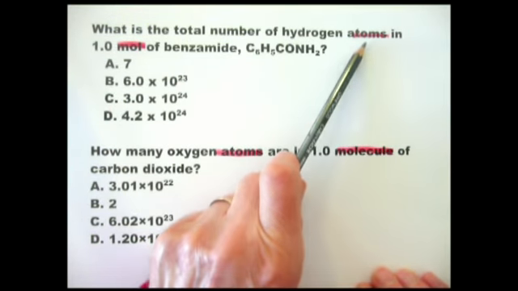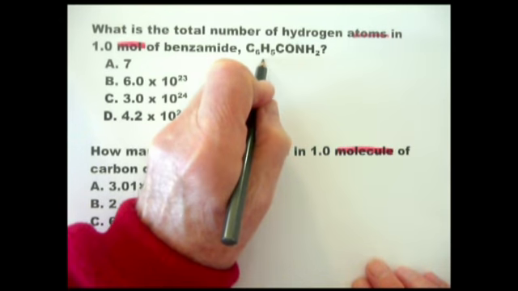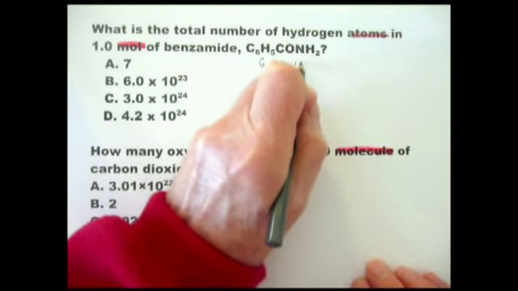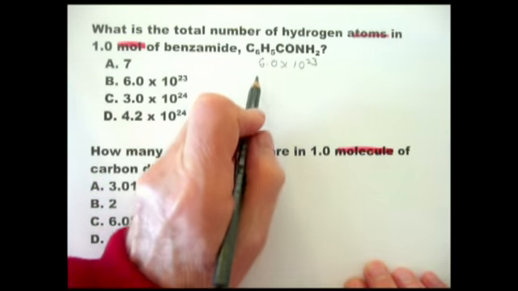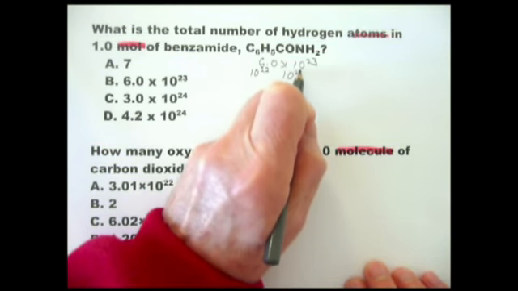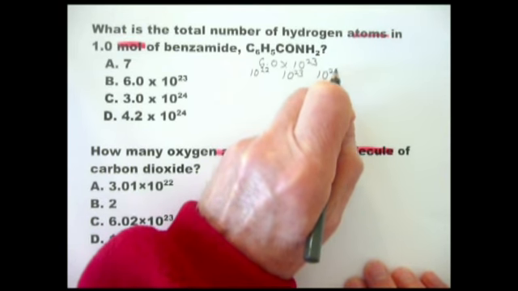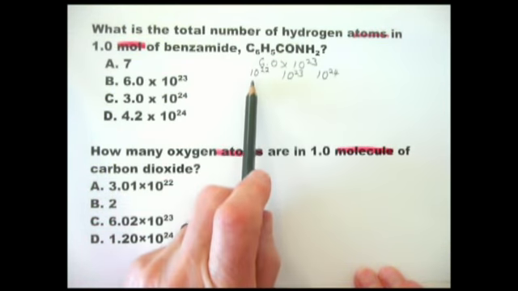When it comes to atoms in a mole, then you must remember they are based around this number 6.0 times 10 to the 23, and therefore any answer will be a large number, something of the order of 10 to the 22, 10 to the 23, or 10 to the 24. They can be larger still or smaller, but in general, in paper 1, the answers will be of this order.